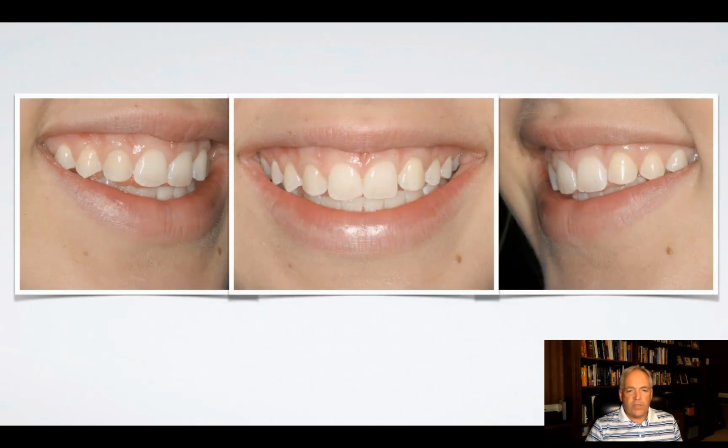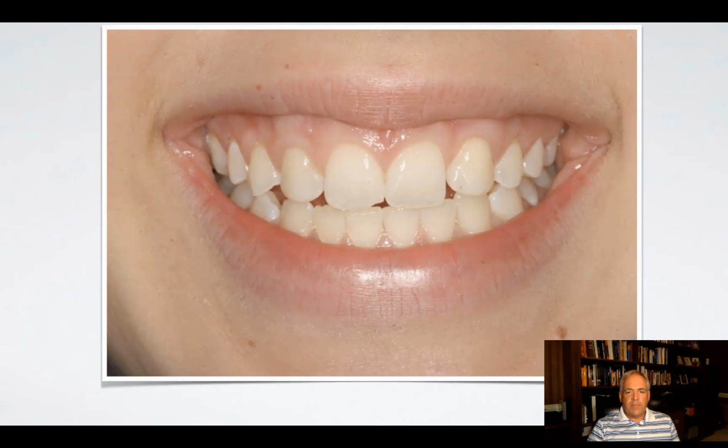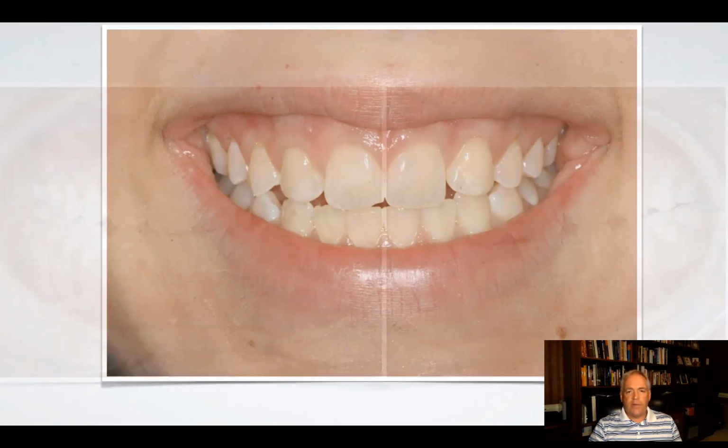What I want you to notice, though, while she seems to have a fairly normal smile, you look at this picture, notice how the cant that she has to her smile going towards her left occlusal plane is higher than her right occlusal plane. That's because the whole jaw, upper and lower, is shifting in that direction as the joint breaks down.